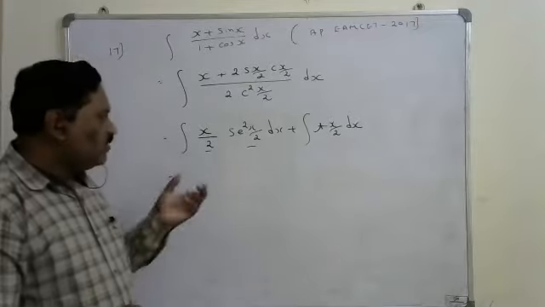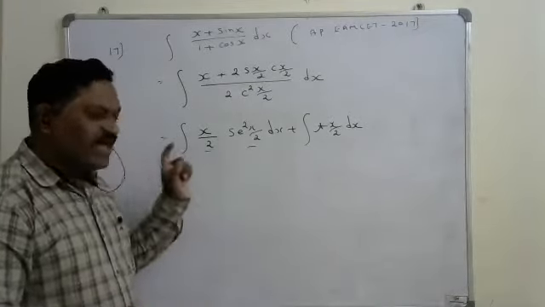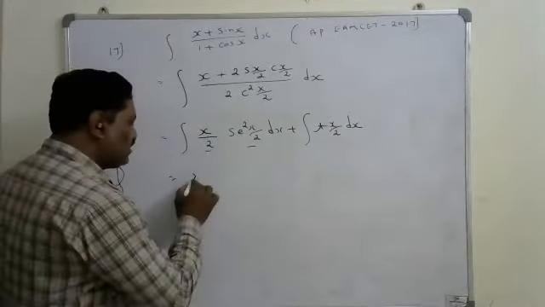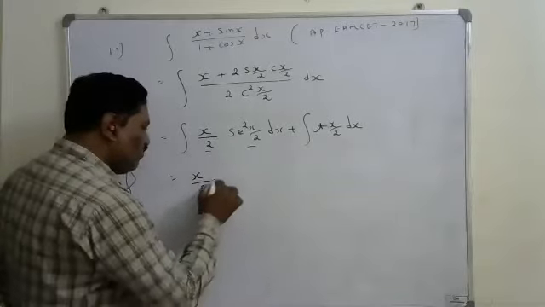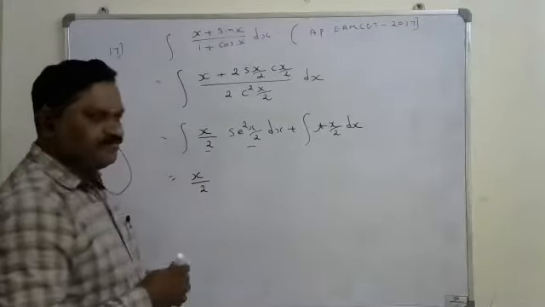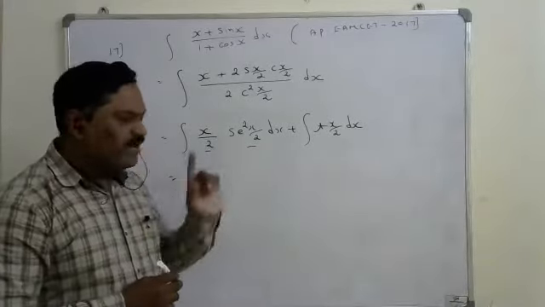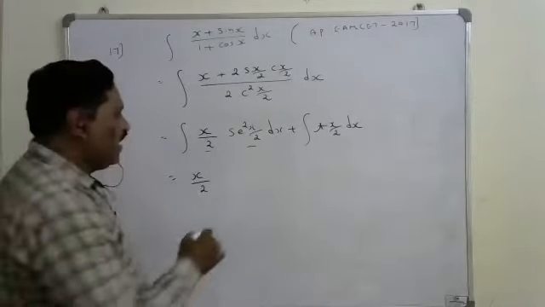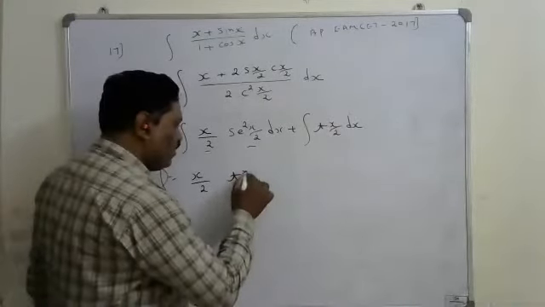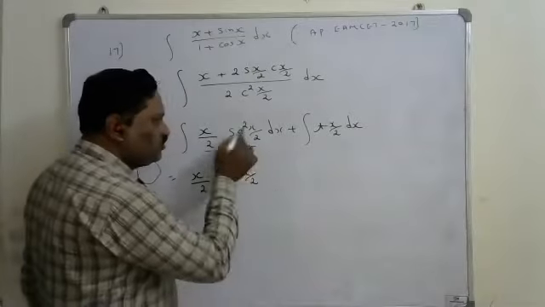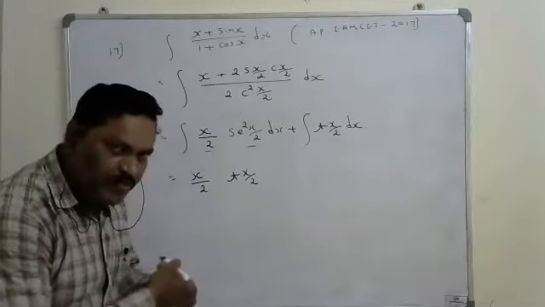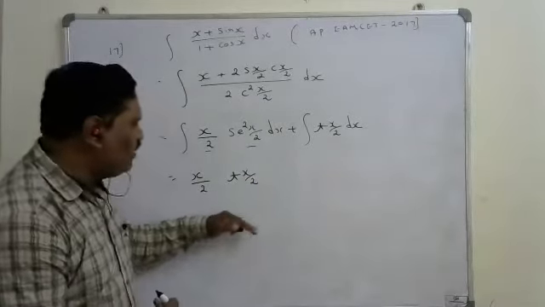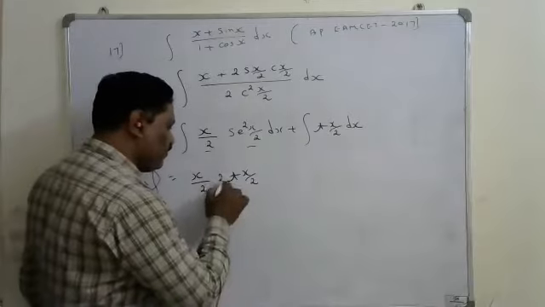Algebraic, so write x by 2 as the first function. We will integrate the second function. What is the integral of secant square x by 2? Tan x by 2, and where the x coefficient is 1 by 2, so we have to divide by 1 by 2, which means the 2 comes to the numerator.